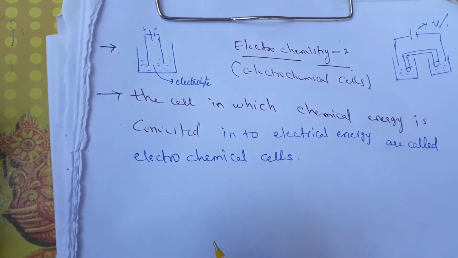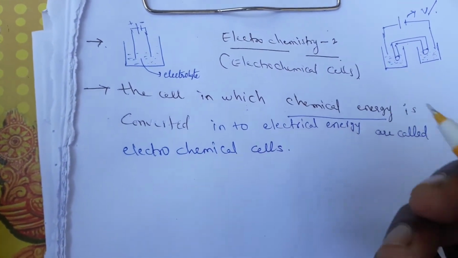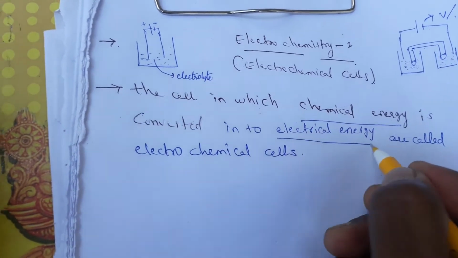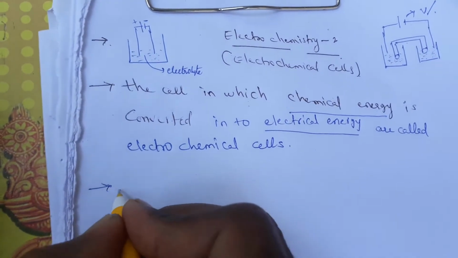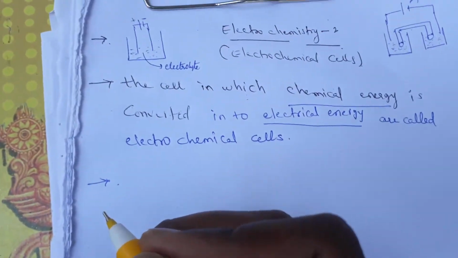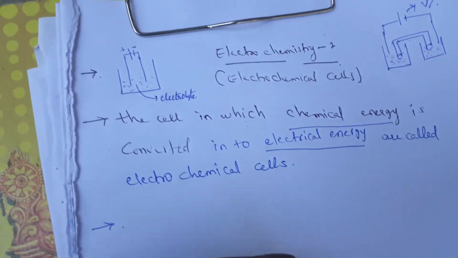Here, chemical energy means we are taking the chemicals and converting them into electrical energy. How do we convert this chemical energy into electrical energy?